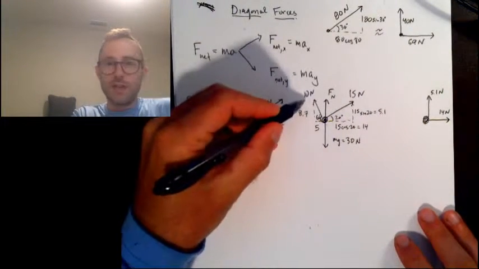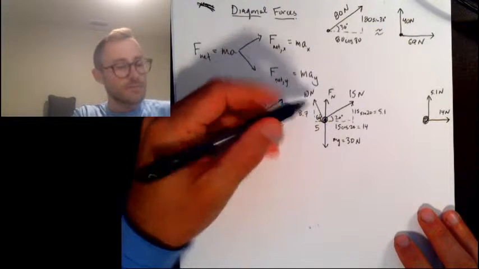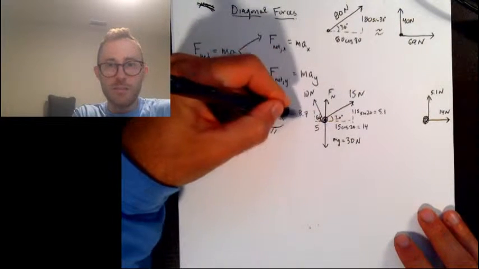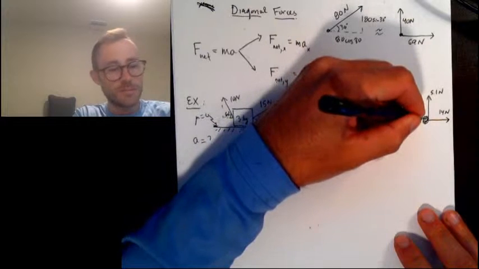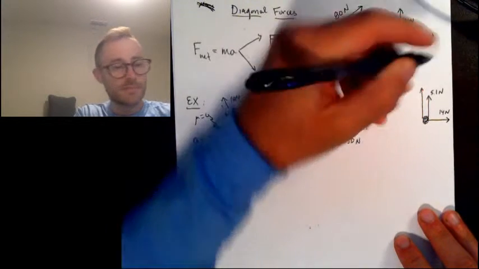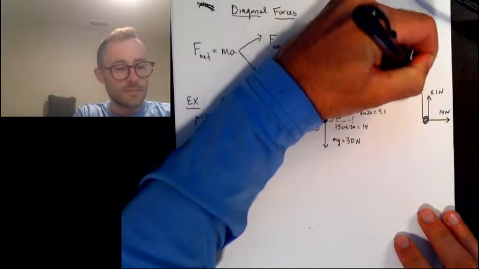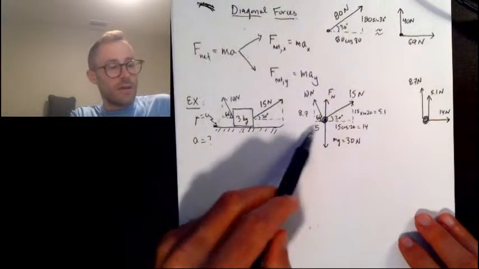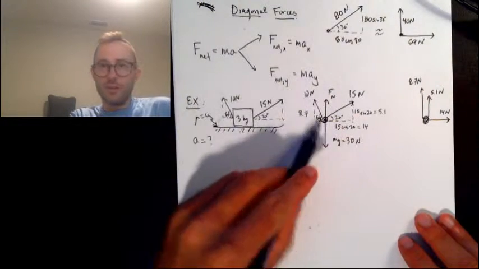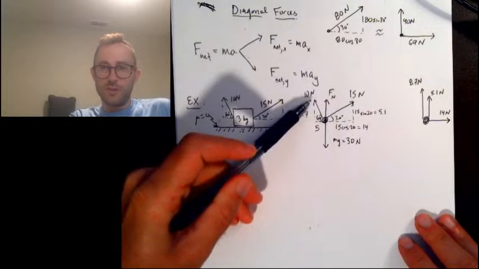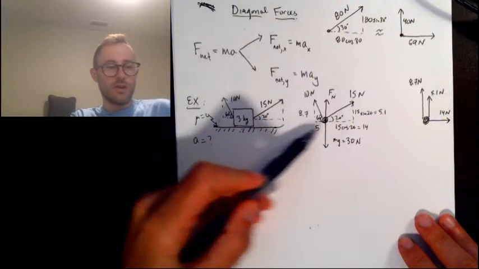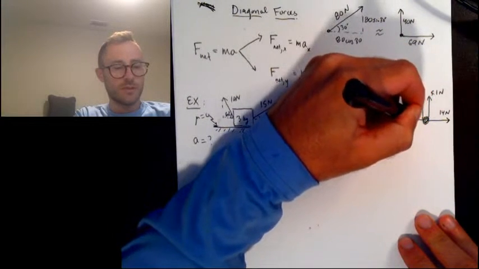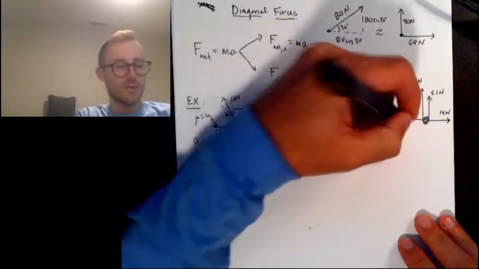And then for this 10 newton force, I'm going to write it as 8.7 newtons going up, and 5 newtons. Now, notice how this force is going up and to the left, so the horizontal part is to the left. So I have 5 newtons going to the left.